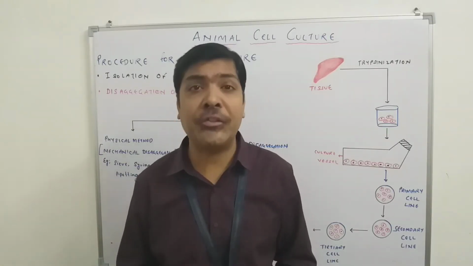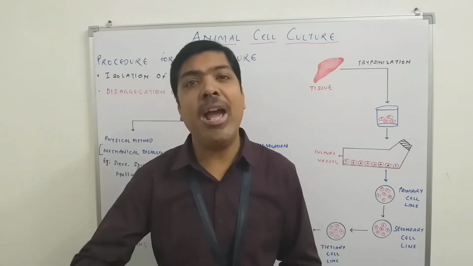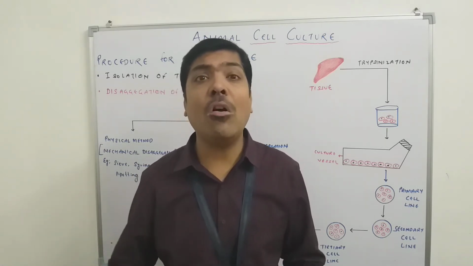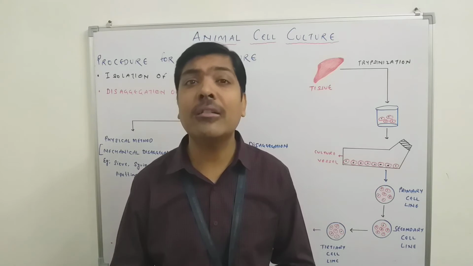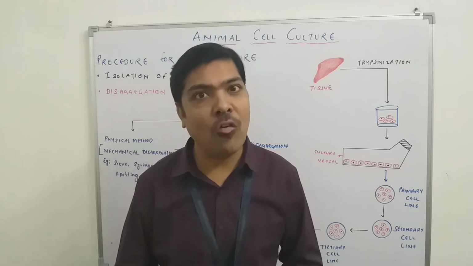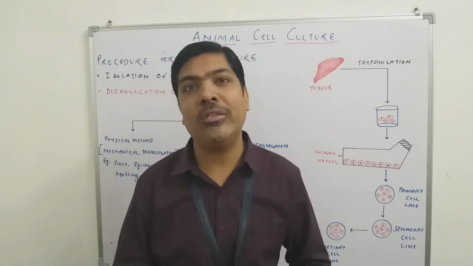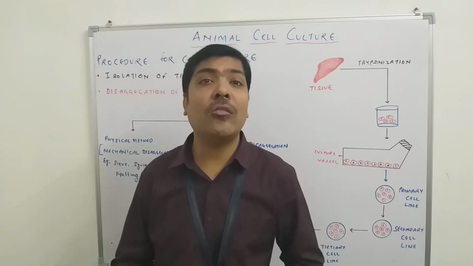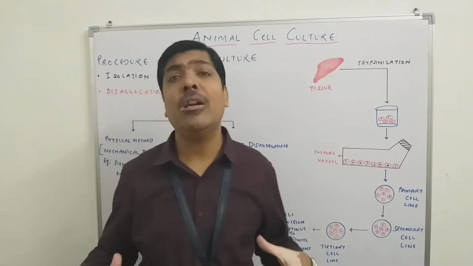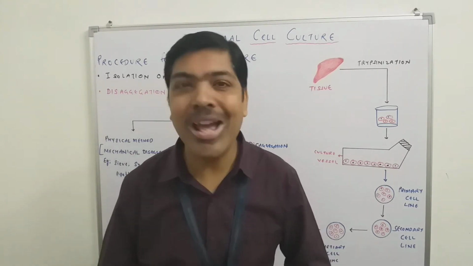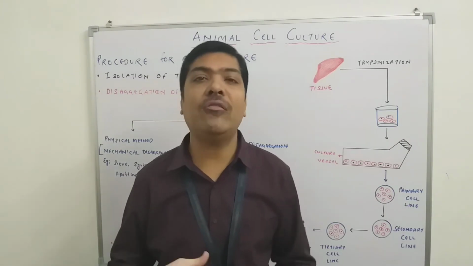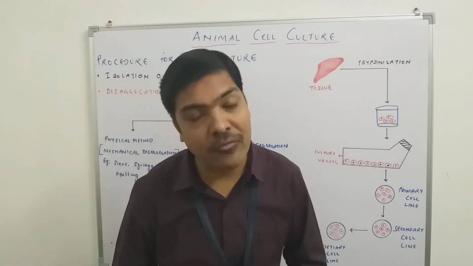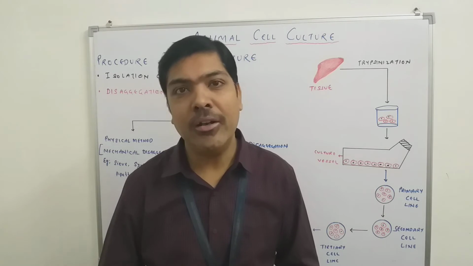It will try to dissolve the cementing material, and from time to time we can withdraw the cells from this stirred condition and analyze the number of cells, and until the number of cells reaches 10 to the power 4 cells per ml of the solution, we have to go for harvesting of the cells from the tissue.